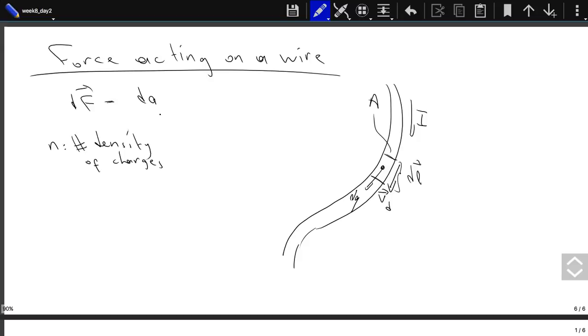But anyway, we already know that the force is nothing but dq times the velocity of the charges, v cross B. Here v will be the drift velocity. Do you agree?